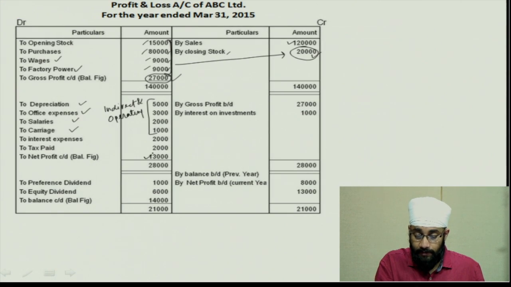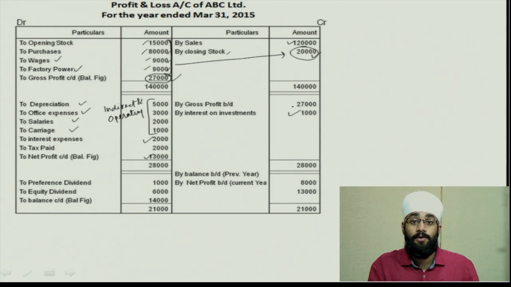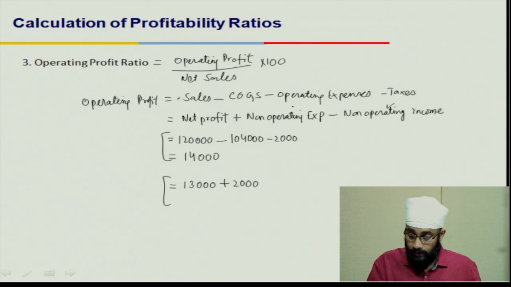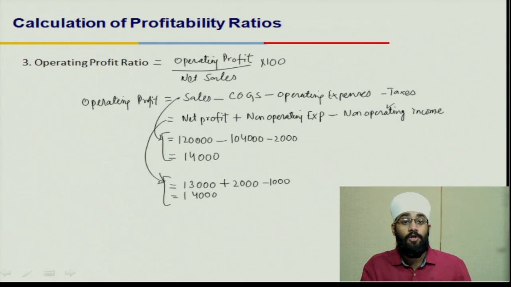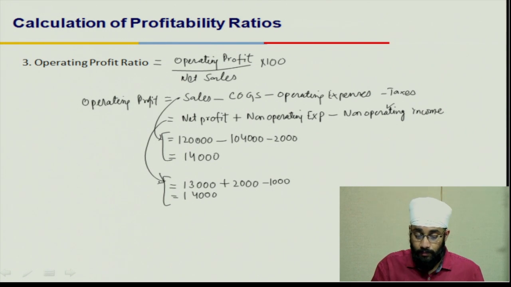So here you have net profit 13,000, you have interest of 2,000, you have interest on investment, which is a non-operating income. So you'll have to deduct 1,000 as well. So minus 1,000, which gives you 14,000 again. So here this approach and this approach gives you the operating profit figure, which is equal in both cases.